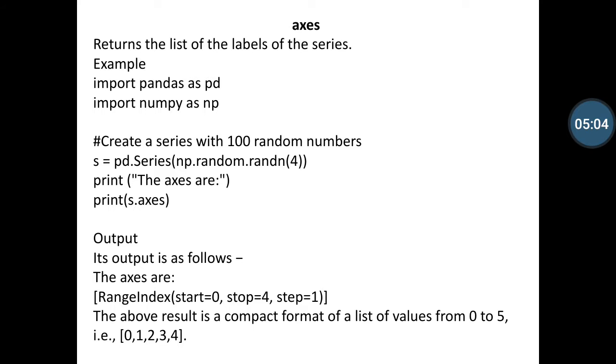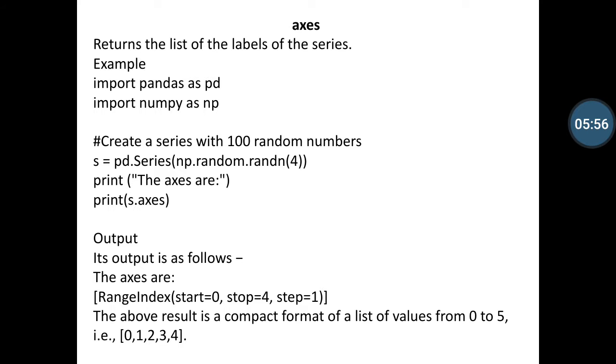First we import the libraries, then create a series with random numbers, and create the variable s equal to pd.Series, calling the alias name of numpy as np.random.rand with the value 4. Then I define a print statement with the label and print s.axes, and after executing, the output is given in the slides.